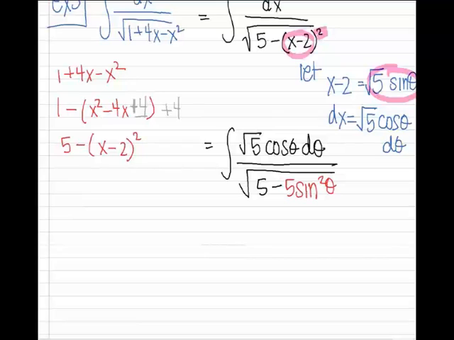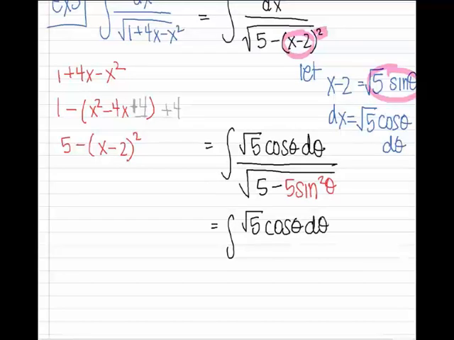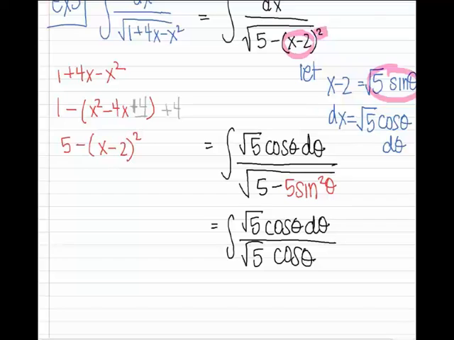So simplifying everything, I have square root of 5 cosine theta d theta over, I can factor out the radical 5. I have a 1 minus sine squared left over, which is a cosine theta. And just like our previous problem, everything cancels out nicely. I don't expect that to always happen. This is going to give us theta plus c.